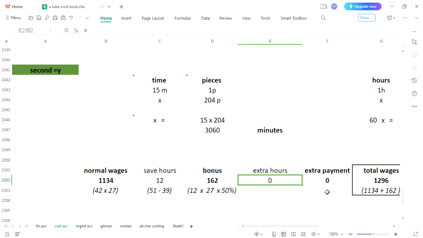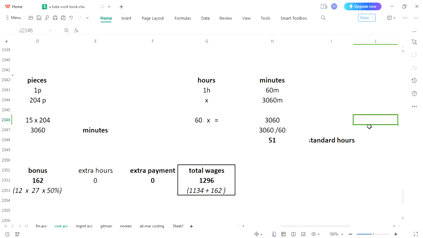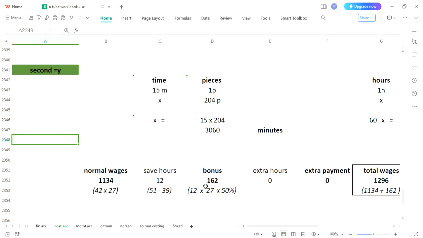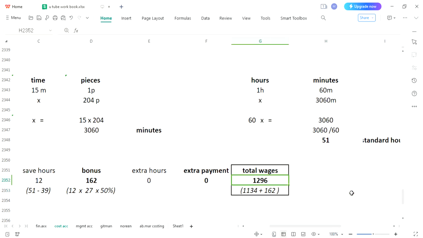That means no extra payment. Bonus as usual, if somebody had saved hours. In this way you have calculated your standard hours, 51, but he had completed his work in only 39 hours. So hours saved are 12. Bonus would be given for 12 hours. For each hour 27, 12 hours were saved, but 50% would be given as bonus. So just two amounts were used to calculate your total wages.